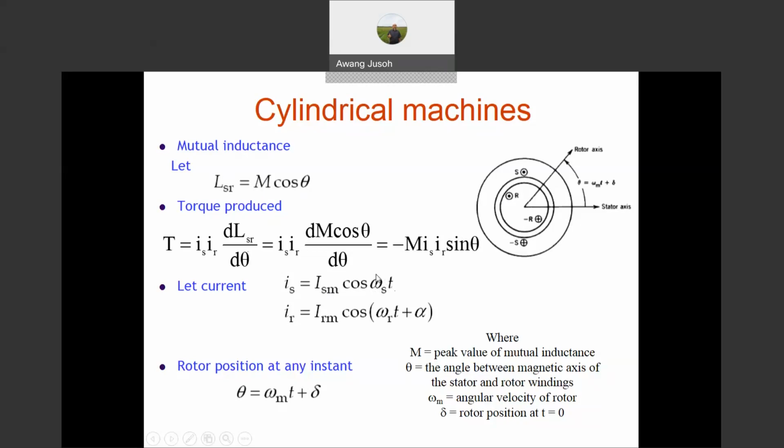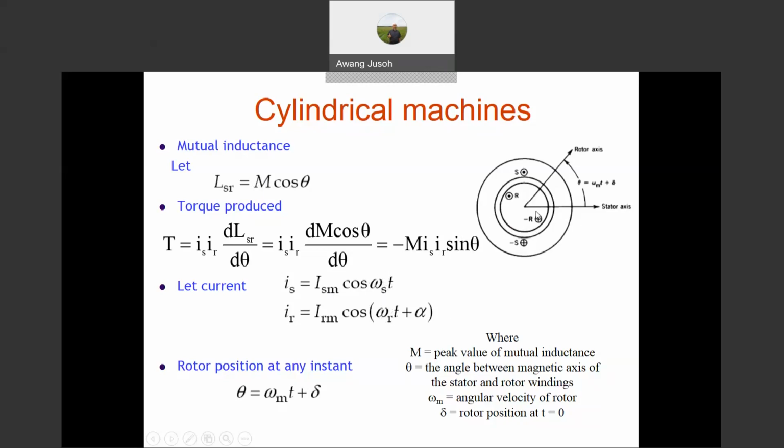What is omega S? Omega S is the stator frequency. The angular frequency of the stator current is given by omega S, which is equal to 2 pi Fs. What is omega R? Omega R is the frequency of the rotor current.